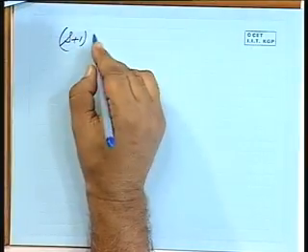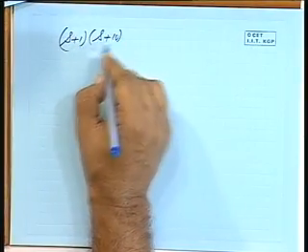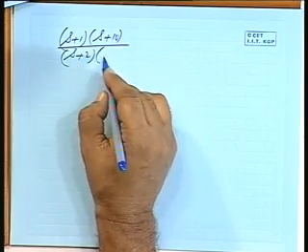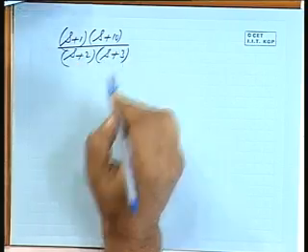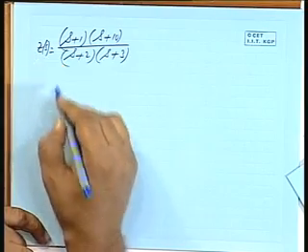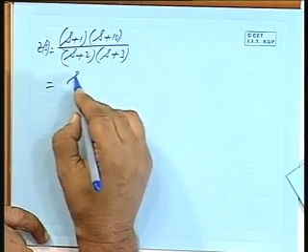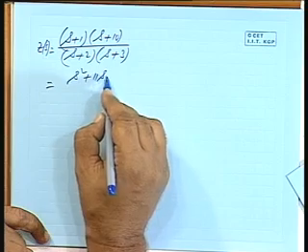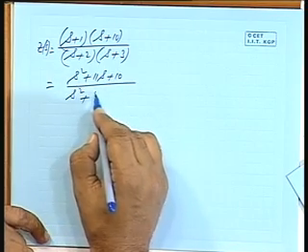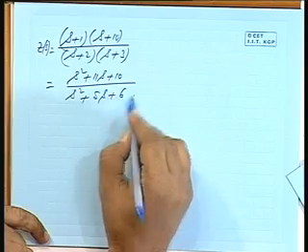So, let us take an example, it will be clear. The same example, s plus 1 by s plus 10 divided by s plus 2 into s plus 3. So, this is ZS. I will write this as s squared plus 11s plus 10 divided by s squared plus 5s plus 6.